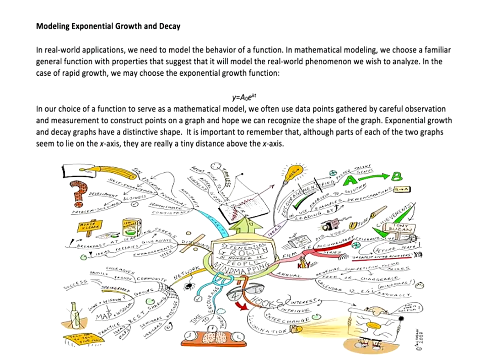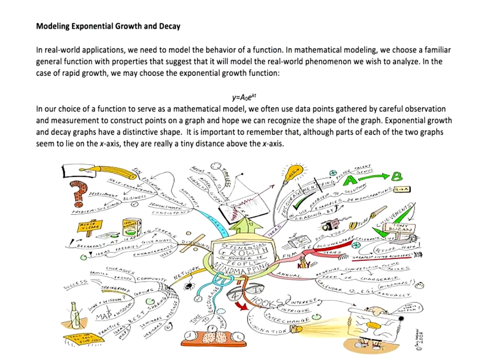But your book says that in real-world applications, we need to model the behavior of a function. In mathematical modeling, what we do is we choose familiar general functions with the properties that suggest that it will model this real-world situation that we're dealing with from data that we collect.